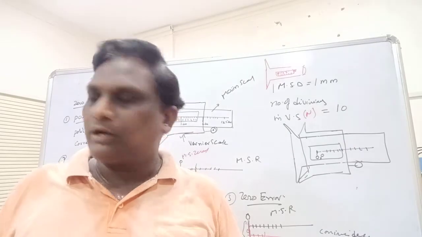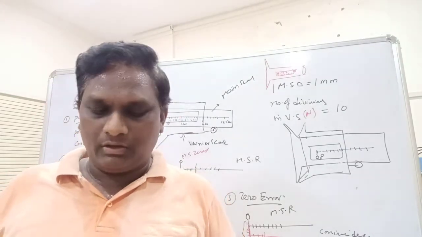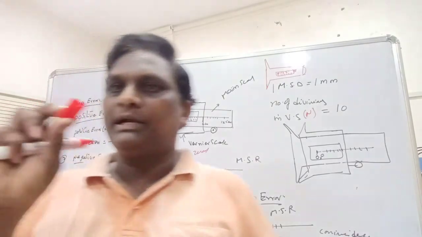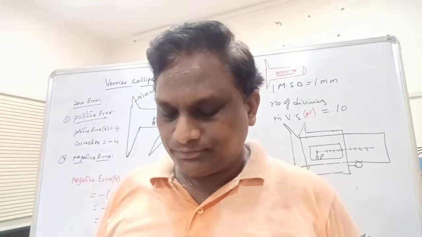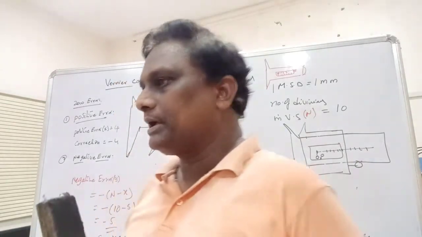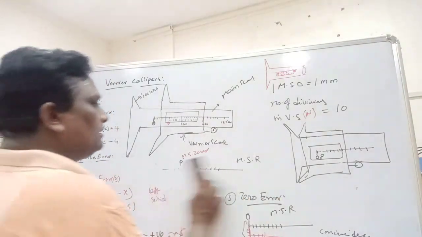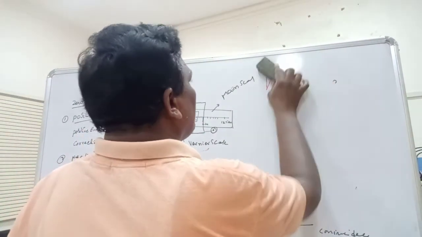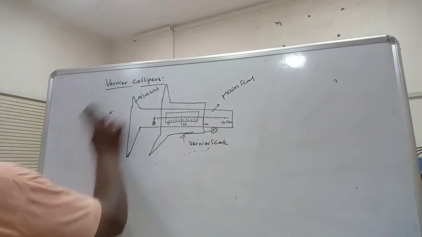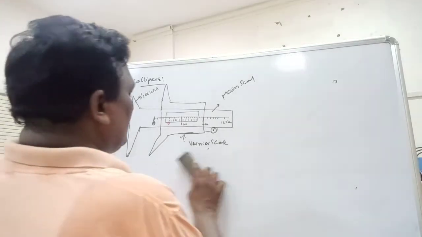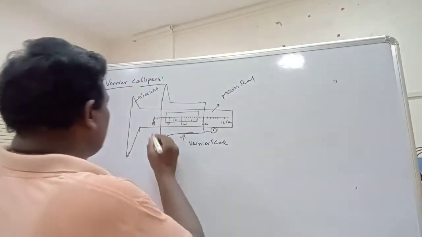Now we are going to find out the diameter of the given substance. How to find the diameter, let us see. Whatever diameter you have to find out, you take the object between the jaws.